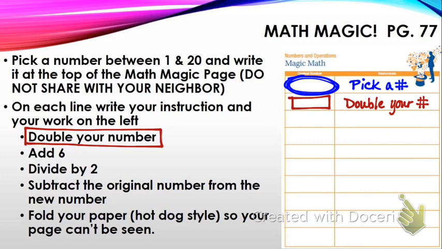You need to be able to see that still. You're going to take it and double it and write it in this second box here. So far, so good? All right. Now, whatever answer you have in that box, I want you to add 6 to that number. So you're going to add 6 to whatever was there and write it in this third box.